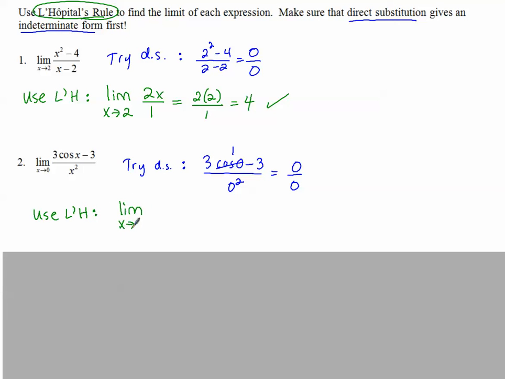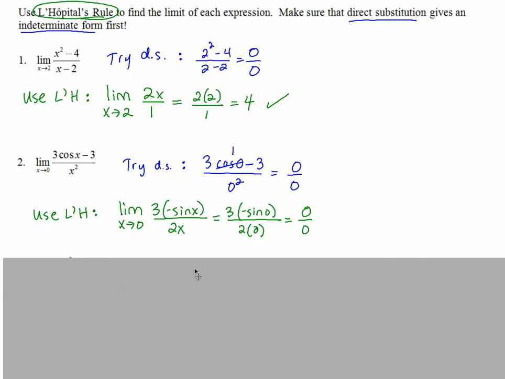Limit as x goes to 0, derivative of the numerator, 3 times negative sine of x, over 2x. Use direct substitution now, plug in 0, 3 times negative sine of 0 over 2 times 0, and I get 0 over 0 again. Use L'Hopital's rule another time.